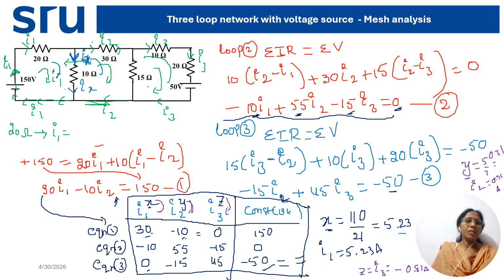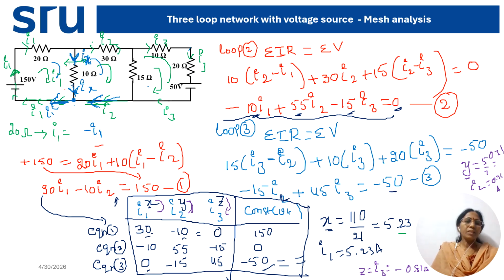Now here you take KCL. This current here is leaving, current I1. Let us take leaving current as positive. Leaving current minus I1, here I am applying KCL. This current is towards the node, this current is also towards the node, and this is leaving the node. That's why minus I1.